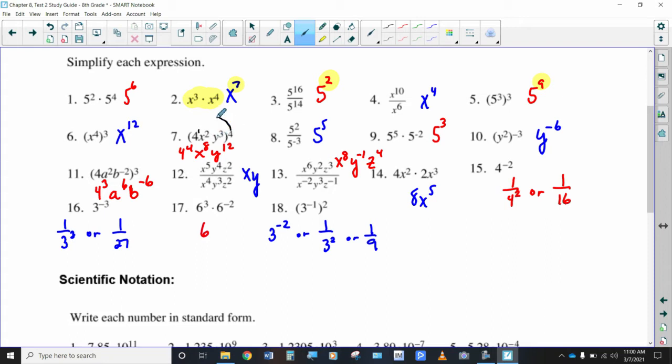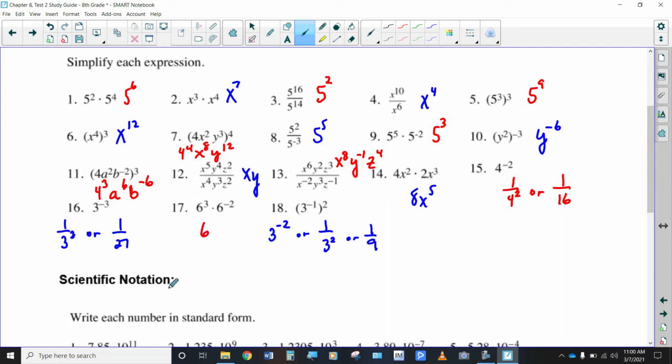So you're going to take the 4th power of each: 1 times 4 is 4, x to the 2 times 4th power is 8, and y to the 3 times 4th power is going to be 12. Or you can always expand it out: 4 times x times x times y times y times y. Write that out repeatedly 4 times. Count up all your 4s, count up all your x's, count up all your y's, and you will get to the correct answer.